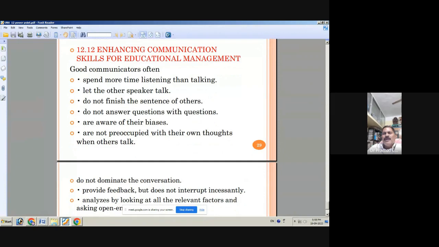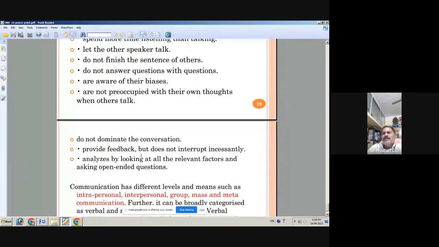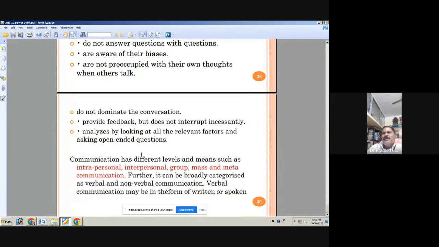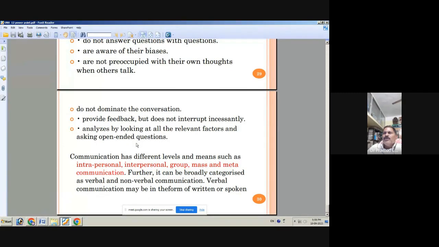And you should be aware of biasness. Biasness means you should not be biased, and do not dominate the conversation. Always try to get feedback. While getting feedback, do not interrupt instantly. So always analyze by looking at all the relevant factors and put open-ended questions.